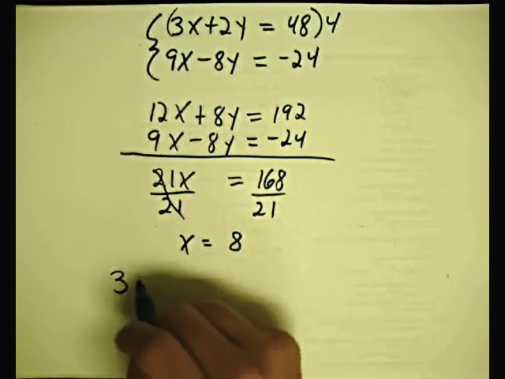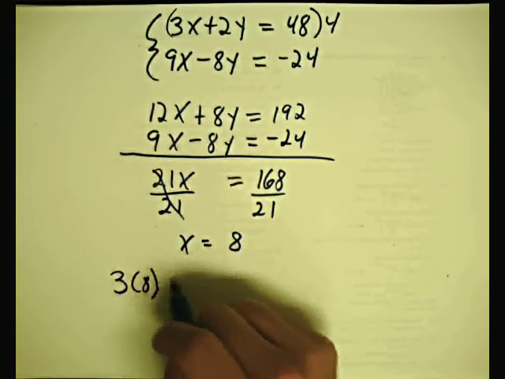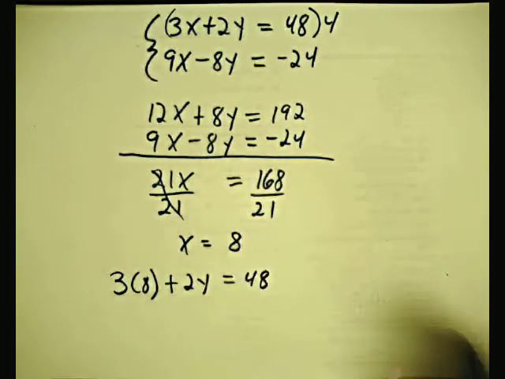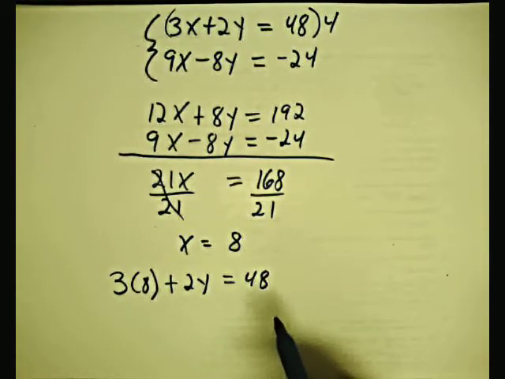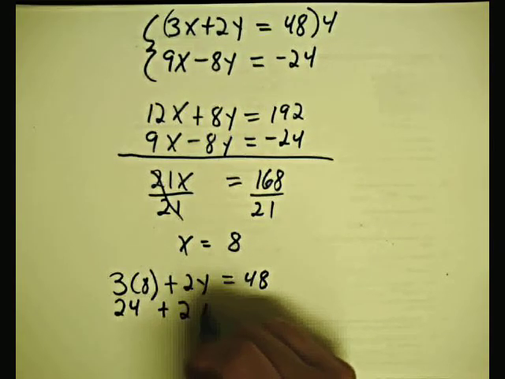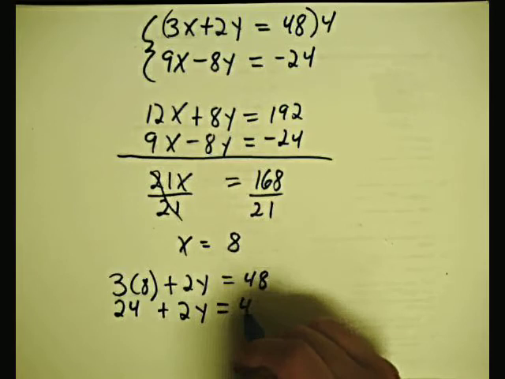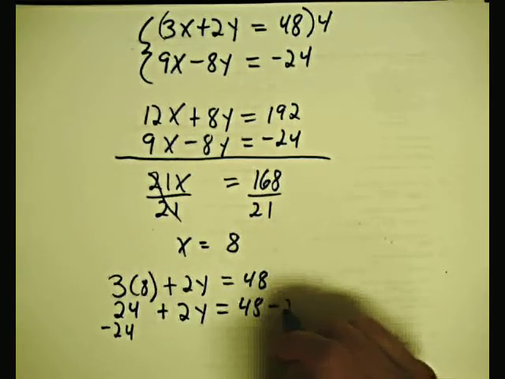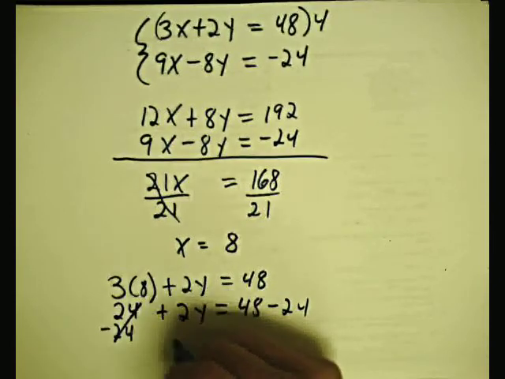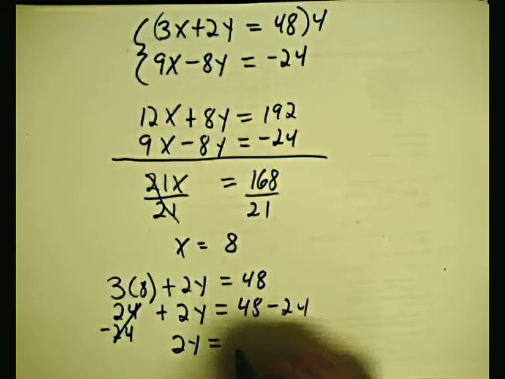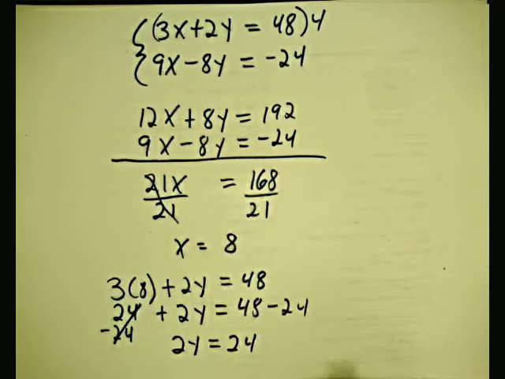3 times 8 plus 2y equals 48. So we want to solve this equation for y. We'll have 24 plus 2y equals 48. Subtract 24. 2y equals 48 minus 24 is 24.